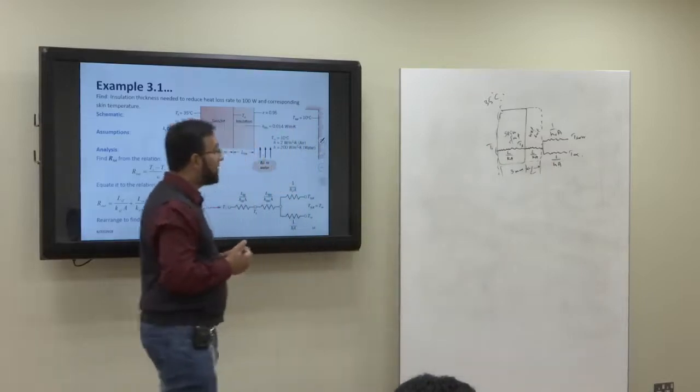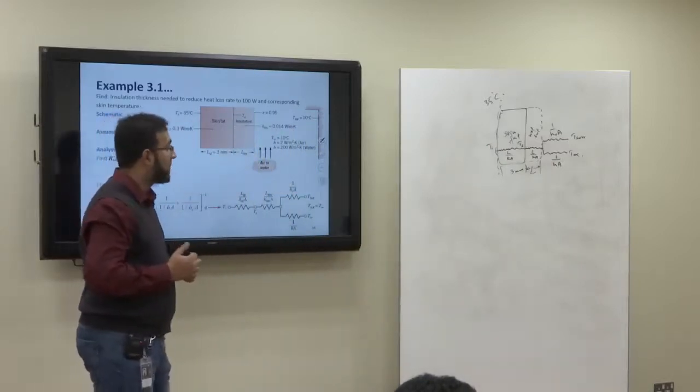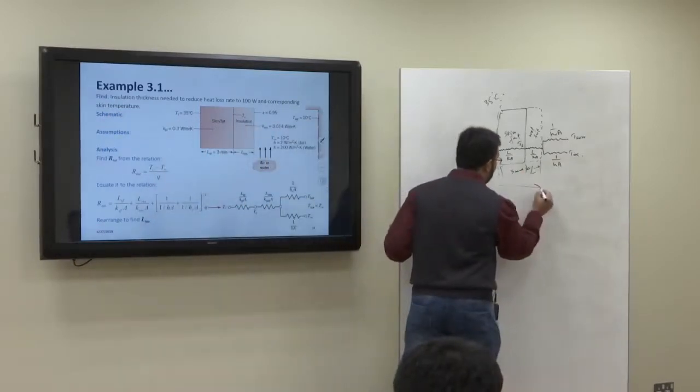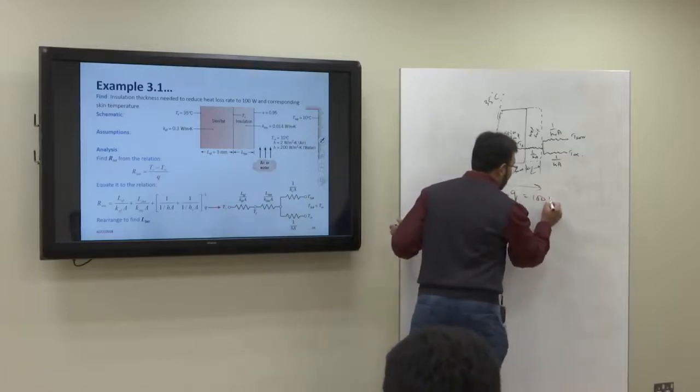And one thing that we know is that the heat flow should be limited to 100 watt.